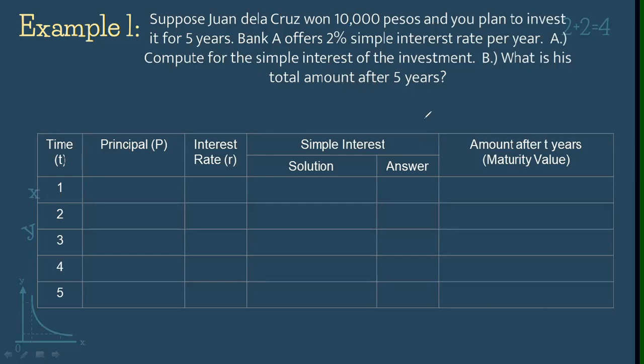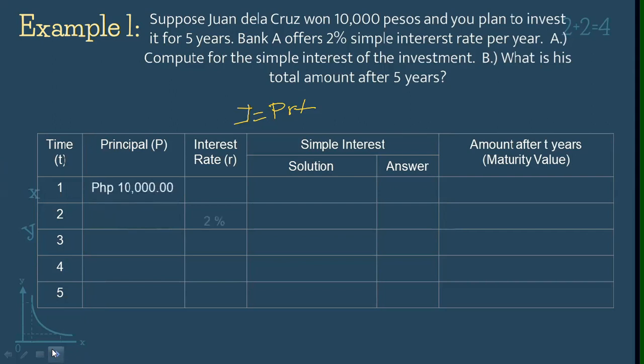Di ba po alam natin na ang interest natin is equal to I is equal to PRT. So ibig sabihin ito po yung i-follow natin. Dito po ipapakita ko lang po kung paano ba talaga nag-grow yung money using interest. So first, we have here the time for the first year. Sa first year natin, meron tayong principal na 10,000 pesos.